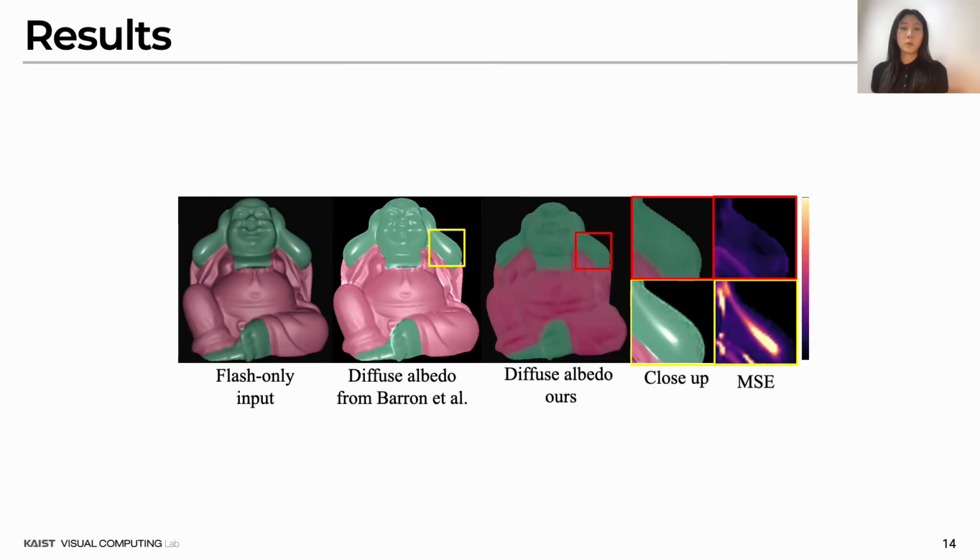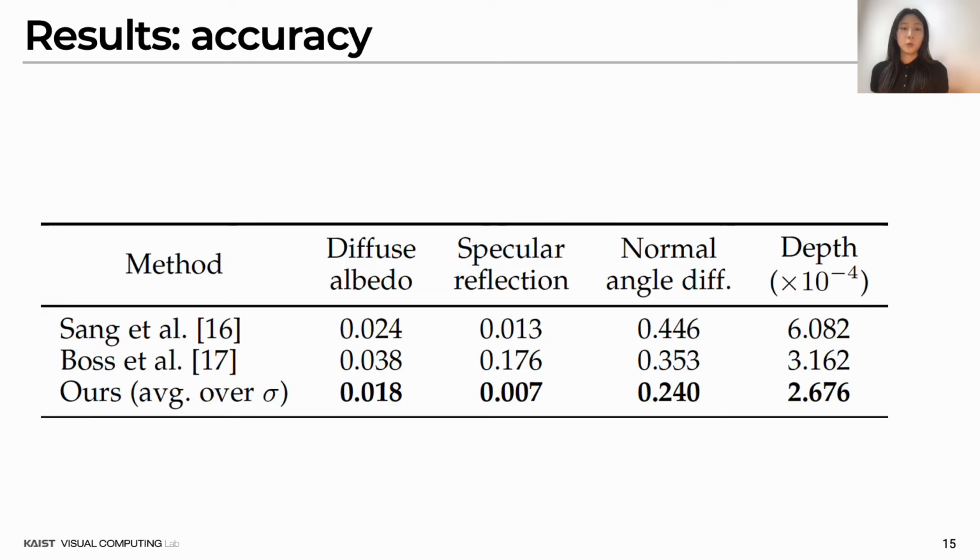We compared our method with Baron et al. using synthetic data. For the input flash-only image and depth map, since Baron et al. estimate reflectance only up to diffuse albedo, the optimized diffuse albedo contains specular reflection, while ours successfully removes specular components. We evaluated on synthetic data and compared with Kang et al. and Bose et al. as well.